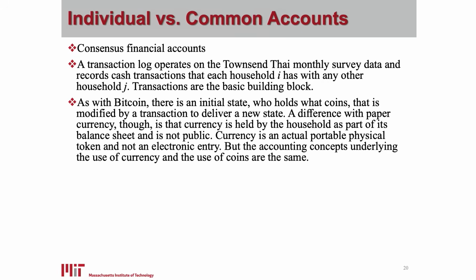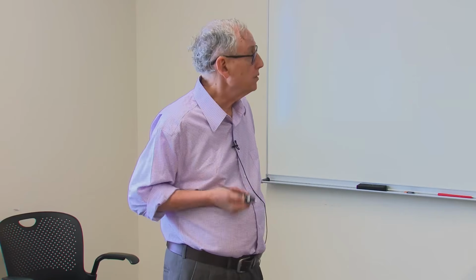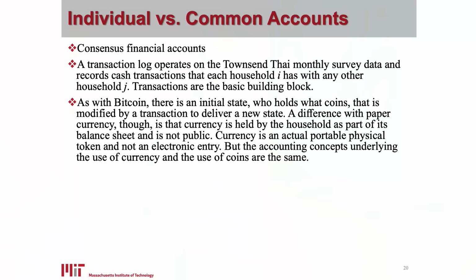There's an initial state in Bitcoin of who owns the coins, modified by a transaction that alters the state. Paper currency is like that. Currency is held as a balance on the part of the household, although it is not public, obviously. It's private to the individual unless they show you.